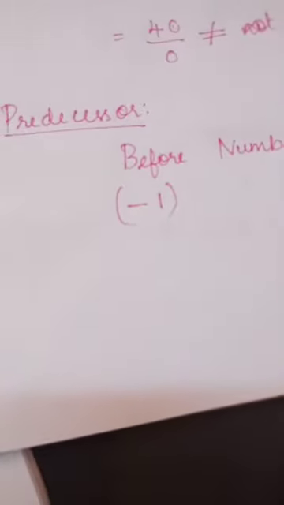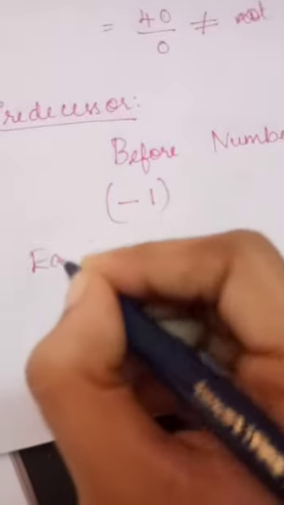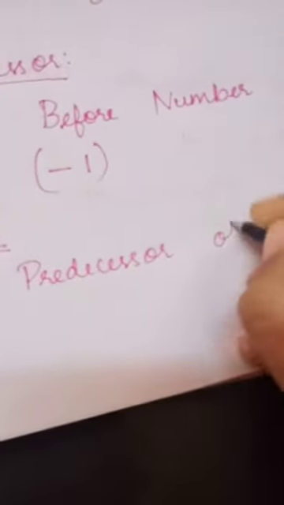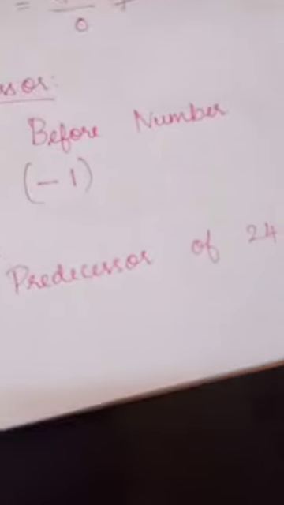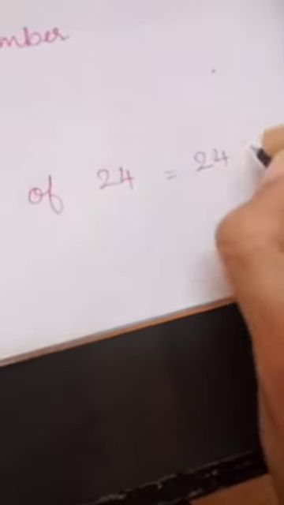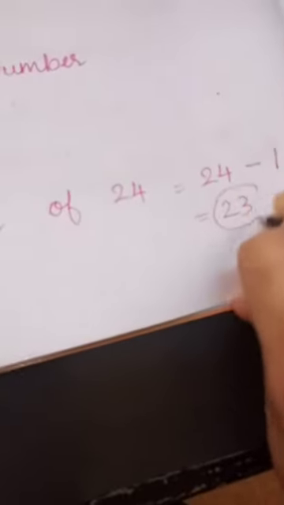Example, to find the predecessor of 24, I will subtract 1 from 24. 24 minus 1 equals 23. Therefore, 23 is the predecessor of 24.